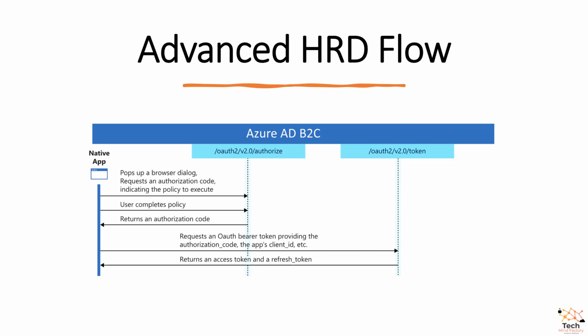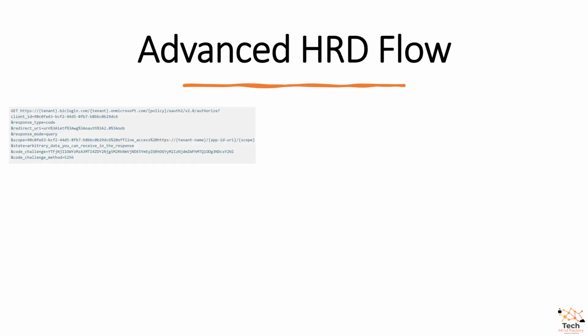Then we take this code along with some other parameters like client ID and client secret, and we go to the token endpoint to exchange the code for a token. If this operation is successful, then we get a set of tokens like ID token, access token, and refresh token. So let's talk about this flow.